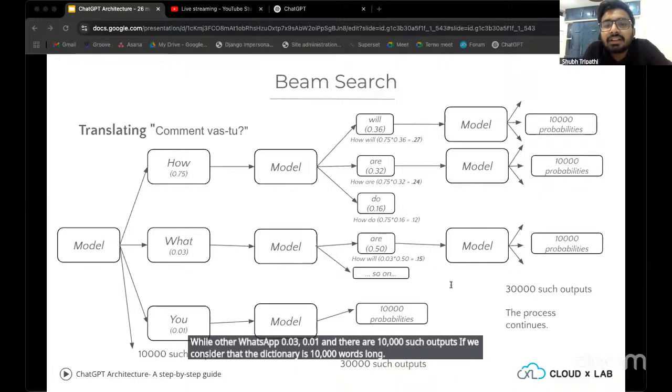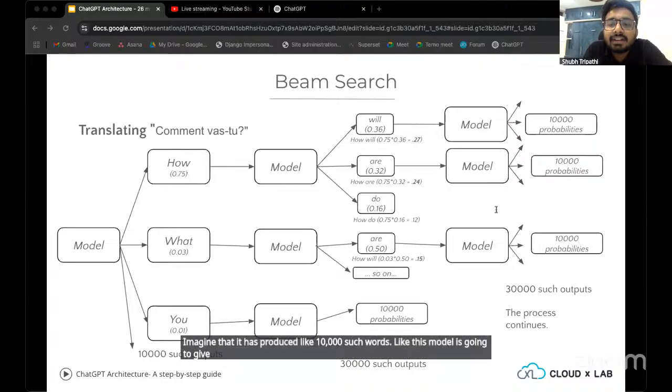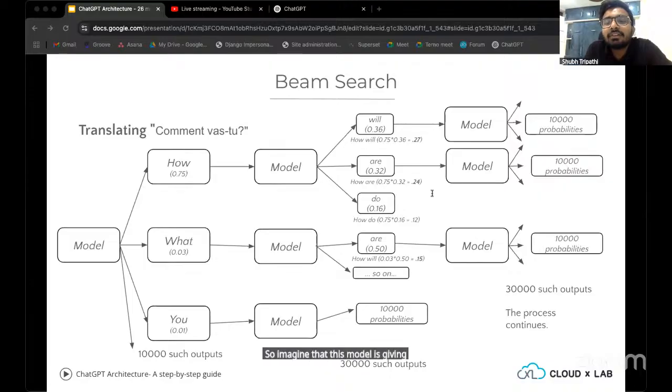So the first word is "how," the second word is "what," and the third word is "you." Now we feed these words back into the model. The model gives probabilities of all 10,000 words, which is the size of the dictionary.